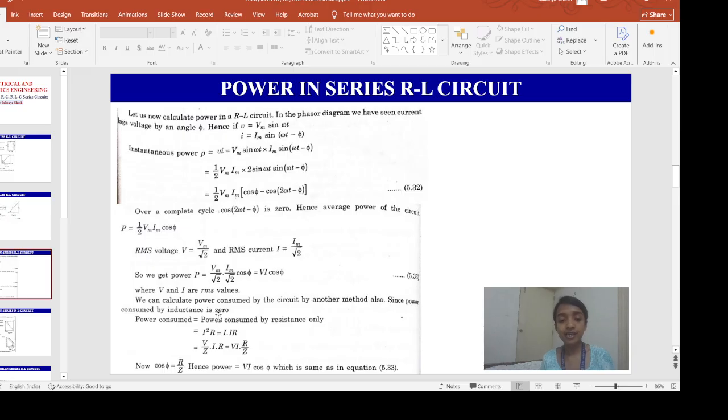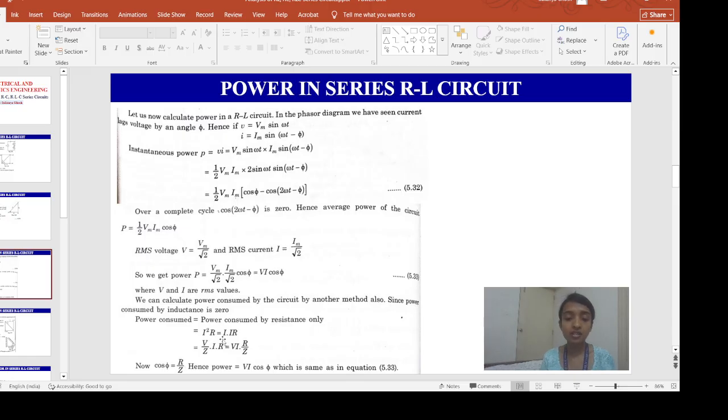It is also a periodic function, so if we take the average value of this periodic function over a complete cycle, that term will also get cancelled out, and the power consumed by the inductive element will be 0. So in this series RL circuit, the power consumed will be equal only to the power consumed by the resistive element, which is I square R.